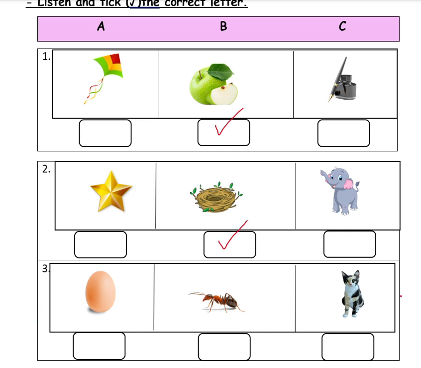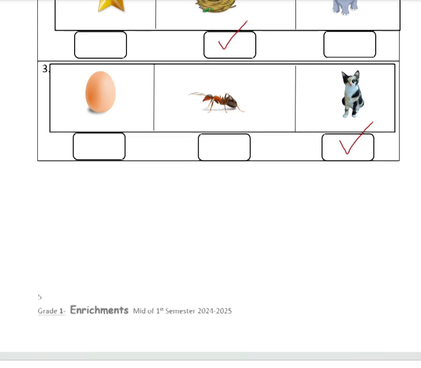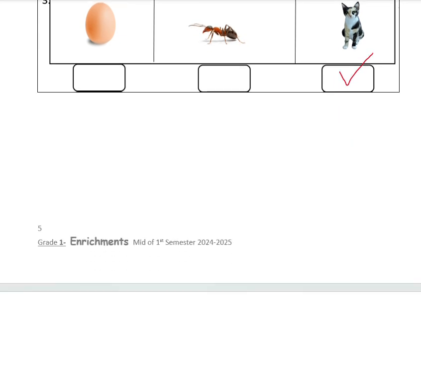Number 3, Tima is a cat. So this is the cat. All right, let's move on.